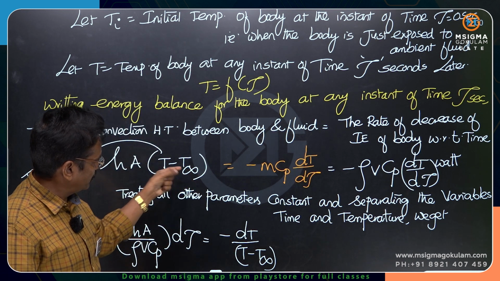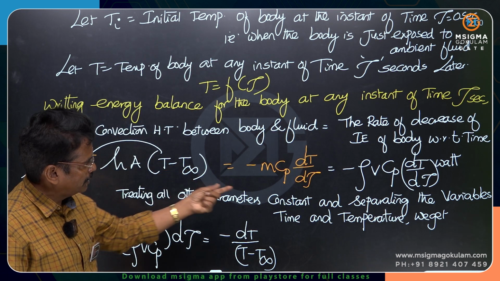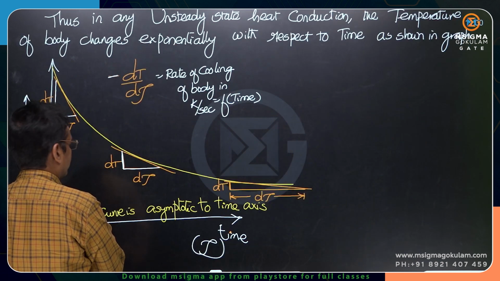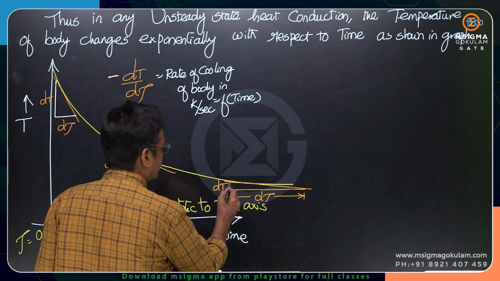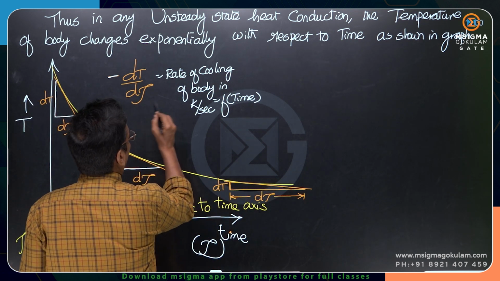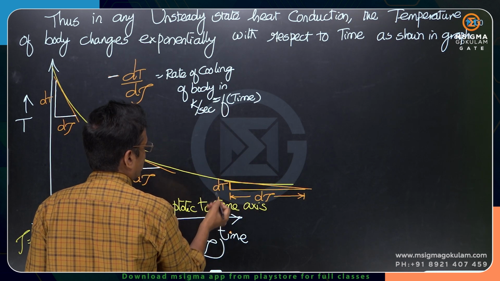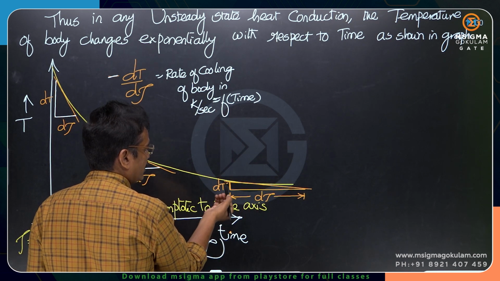Difference is very small. Therefore, this also will be very small. We can easily notice that in the graph. See, this dT by d tau is very small because the temperature difference between the body and the fluid is little.